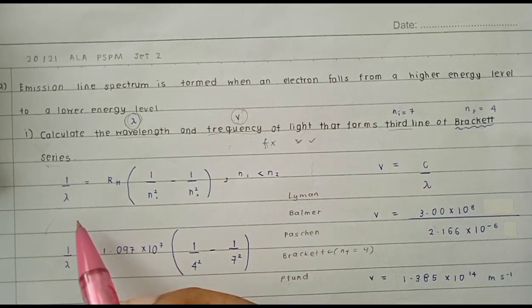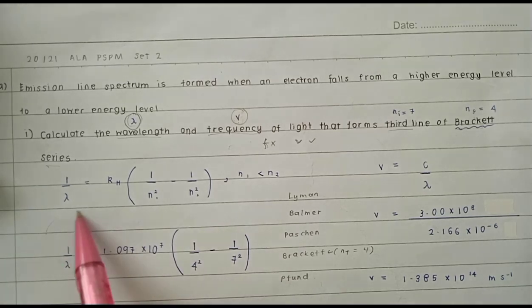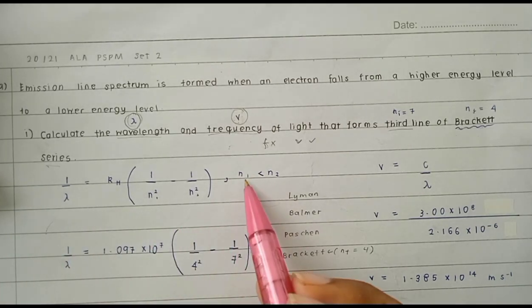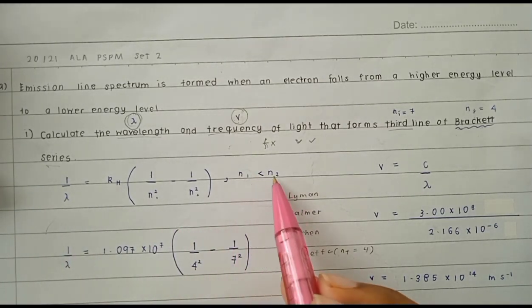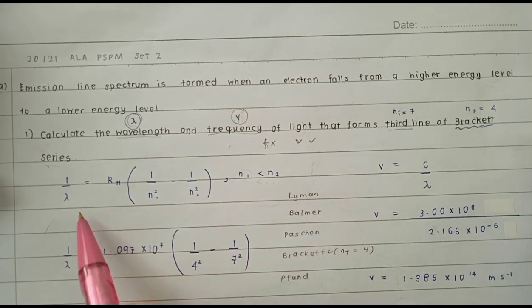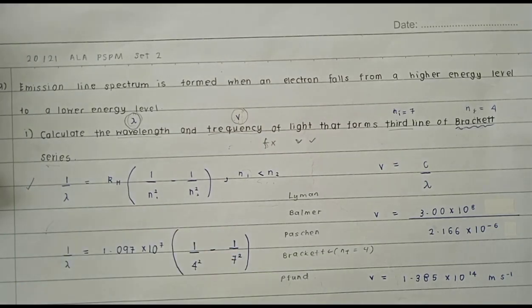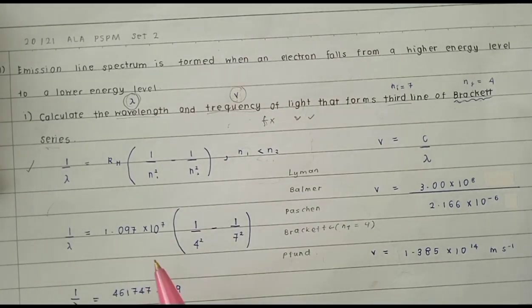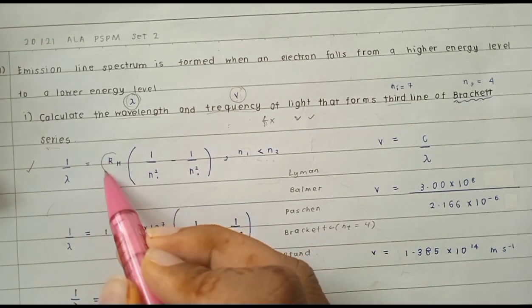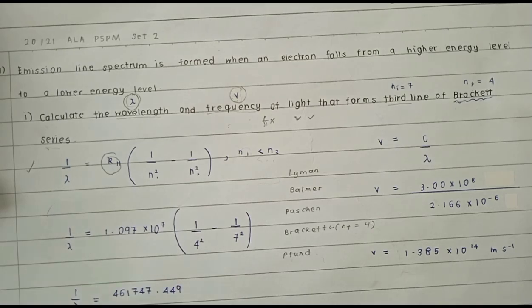To calculate the wavelength, we have to use this formula, where n1 should be less than n2. Make sure you write the formula, because the formula will get marked. One mistake that students always make is the RH value, the Rydberg constant.